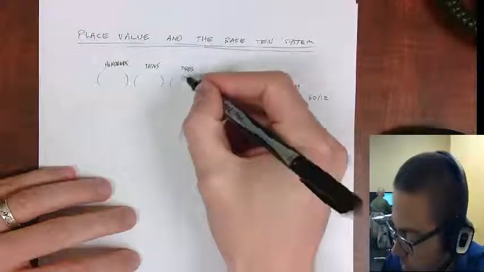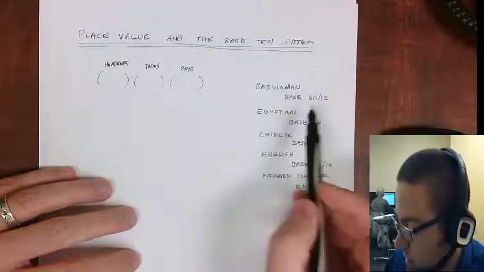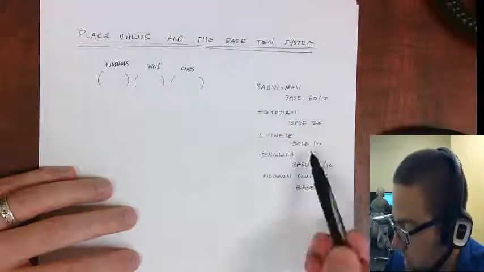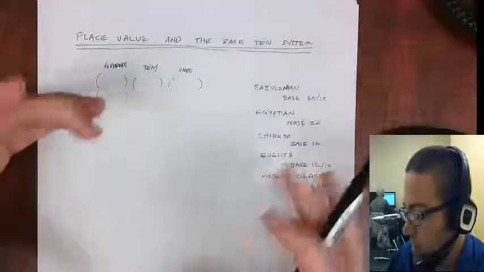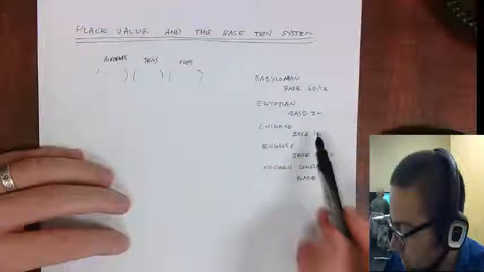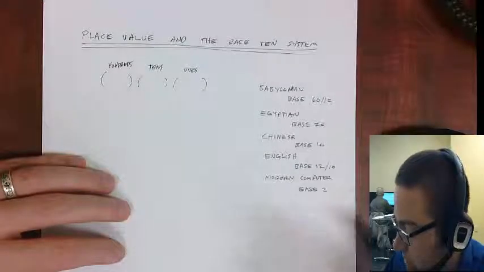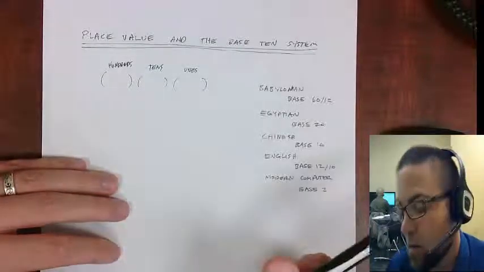So we count up, and other systems have existed where it was base 12. The Egyptians used base 20. The Chinese used base 16. If you ever see an abacus, that's based on the base 16 system. And even in English, we have used in the past base 12 with inches, and of course the clock.